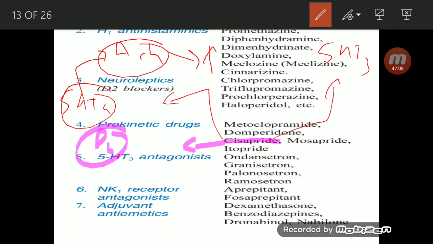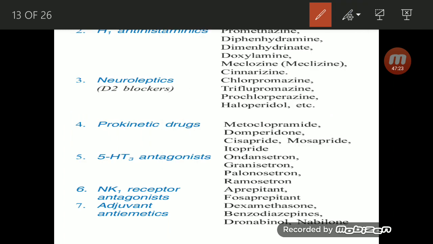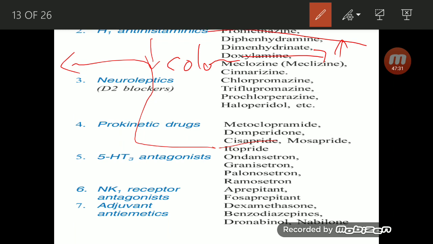In comparison to metoclopramide and domperidone, which acted only on your upper GIT, this drug does not act on your upper GIT. It acts on your lower GIT, in the region of your colon. So it increases the motility of your colon.